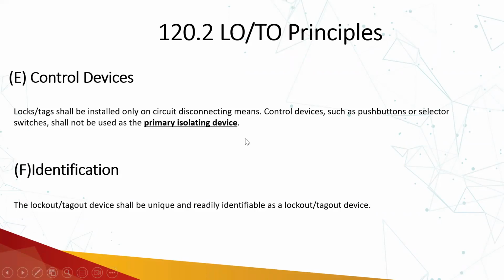Similarly, that same lock should not be used on my office cupboards and other things, because then it will create an issue and a problem as to why this particular lock is being used here. It shouldn't be in the lockout and tagout.